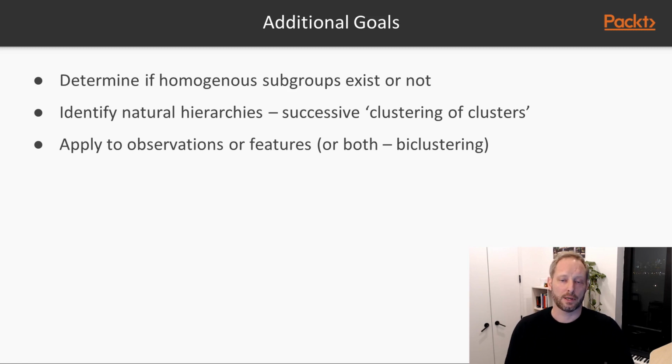We said the first goal is to identify subgroups and assign the data points to those, assuming that we want homogeneous, similar subgroups. It is also often useful to simply determine if there are such subgroups in your data. In addition to generating metrics that allow you to identify some partitions or segments in your data, it may also be interesting to find natural hierarchies.